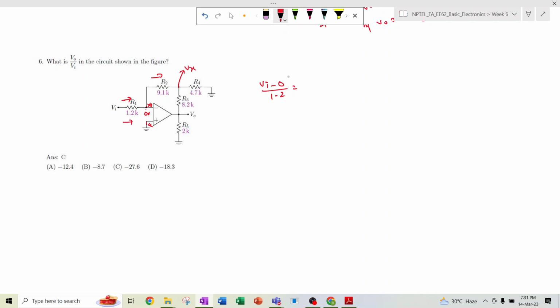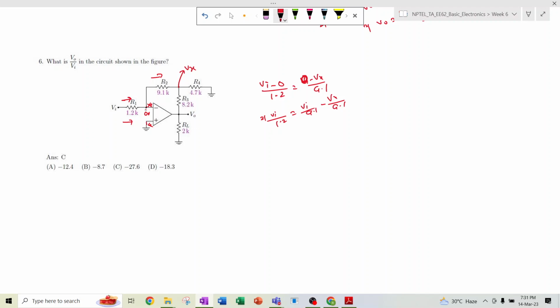So this is equal to Vi minus Vx divided by 9.1. So Vi divided by 1.2 equals Vi divided by 9.1 minus Vx divided by 9.1, right? Sorry, so this will be 0 minus Vx, right?